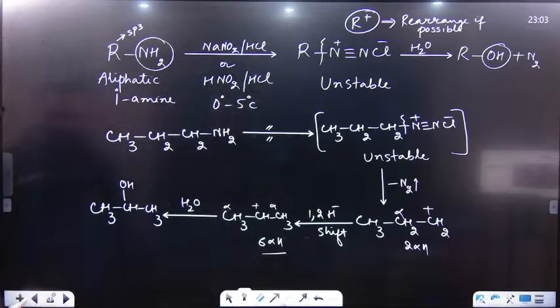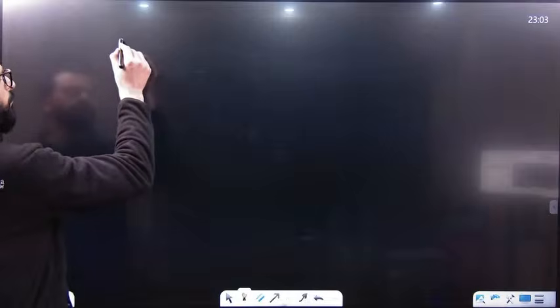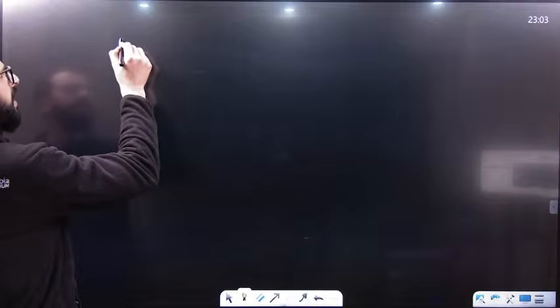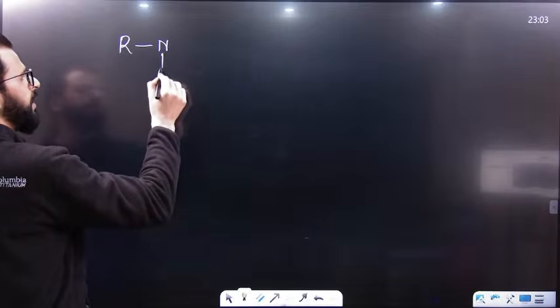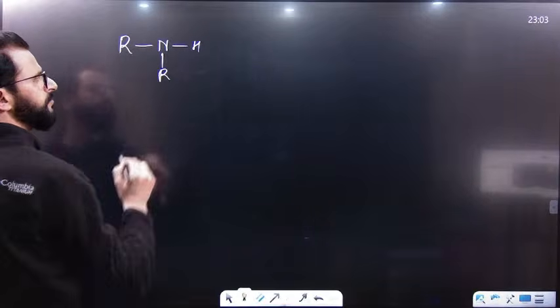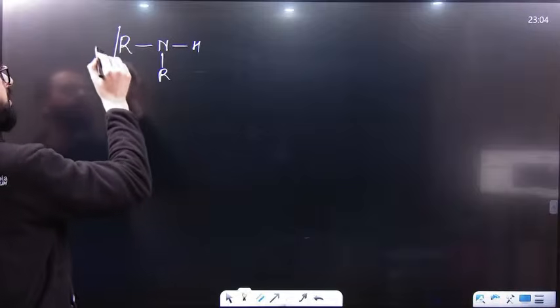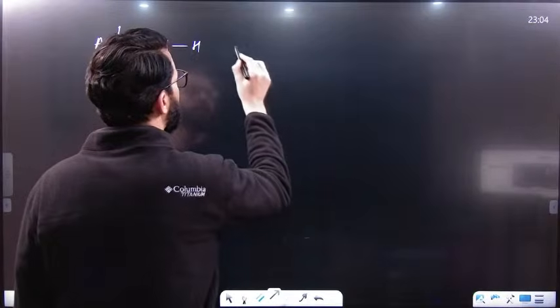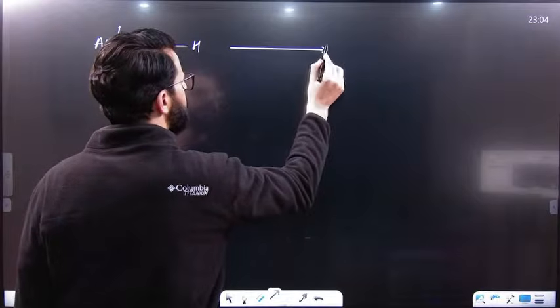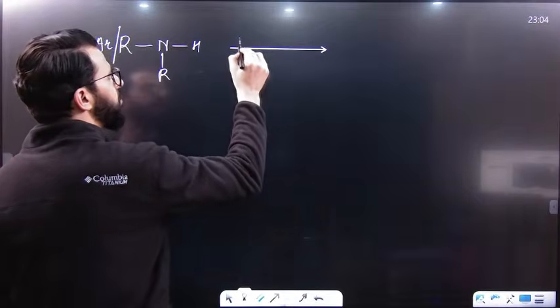So this was about 1 degree amine: how aromatic 1 degree amine reacts and how aliphatic 1 degree amine reacts. After that, whether it is an aliphatic secondary amine or an aromatic secondary amine, remember, when it reacts with nitrous acid, can I write nitrous acid directly?